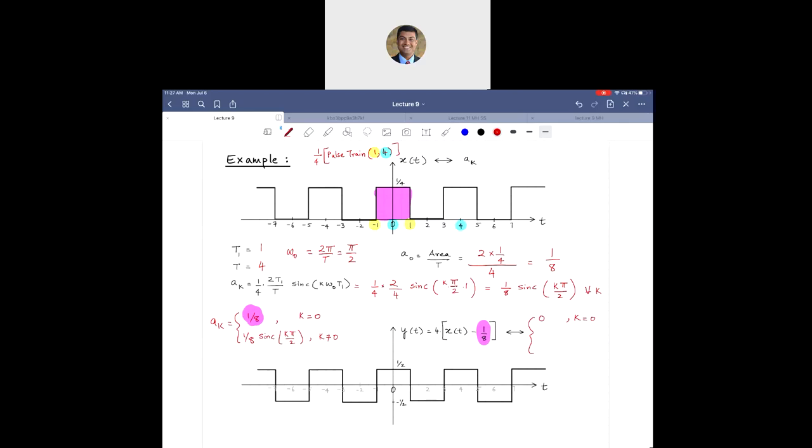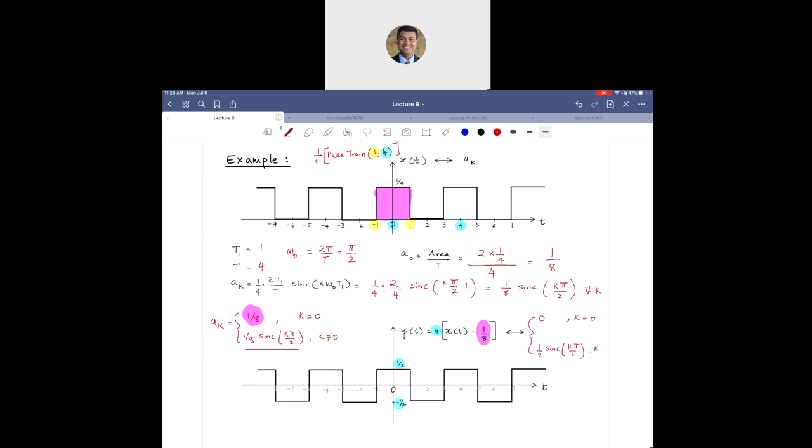Next, when k is not equal to 0, the Fourier series coefficients are going to be the same, except there is a multiplication of 4 that is involved to take care of the 1/2 and negative 1/2. So that means my Fourier series coefficients, and linearity applies here, I'm going to have to multiply this guy with 4, which means I get 1/2 sinc k pi over 2.